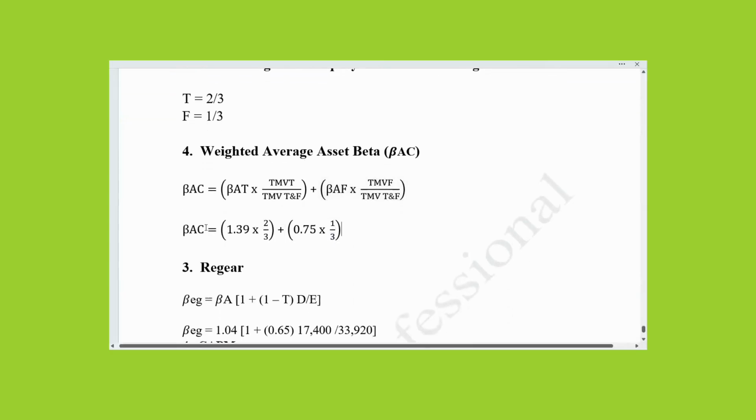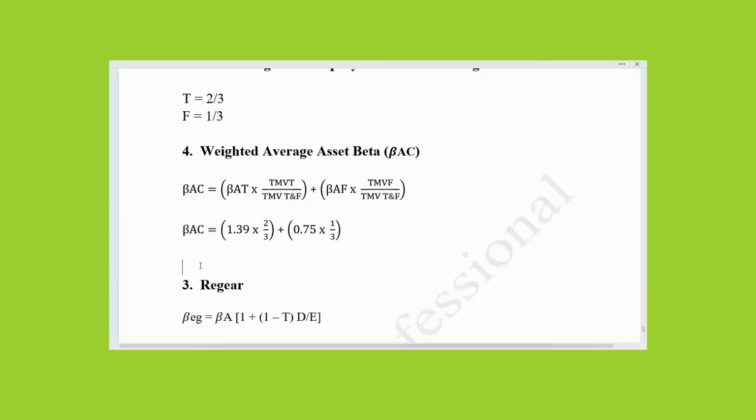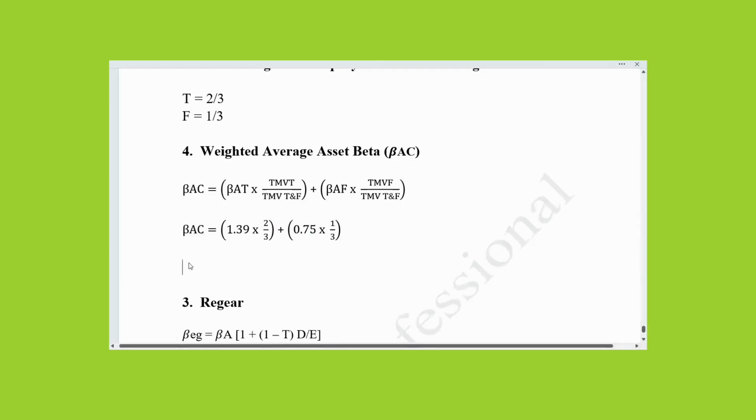So give me from the left, what is 2/3 multiplied by 1.39? 0.93. The first one is 0.93. And the second one is what? 0.25.